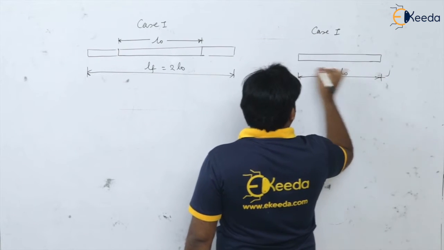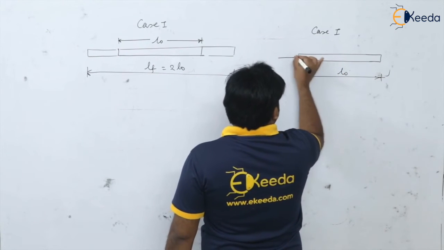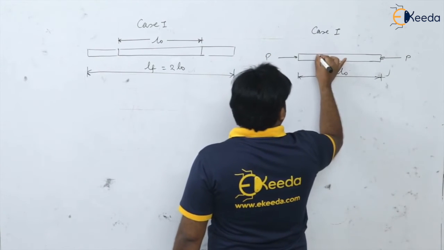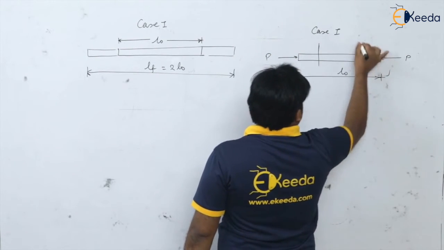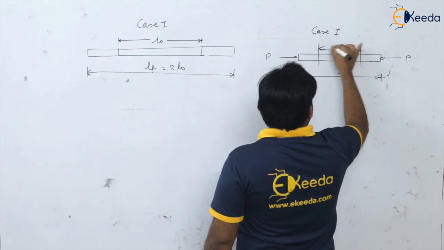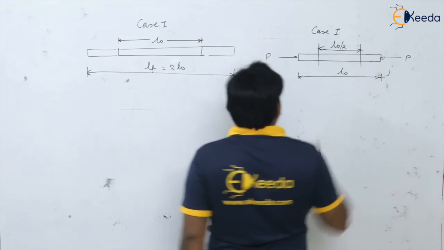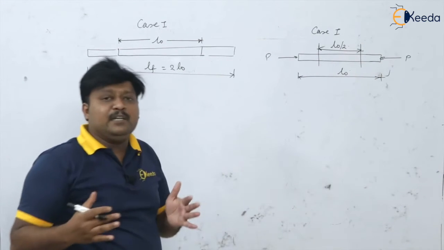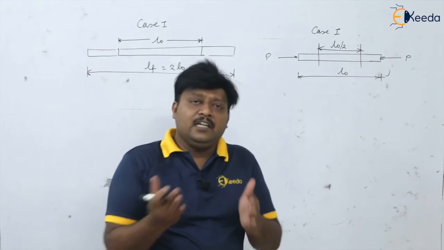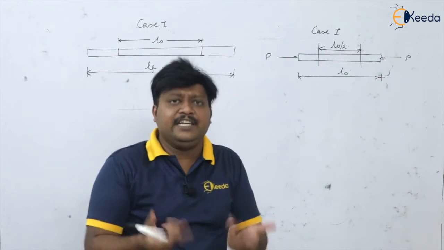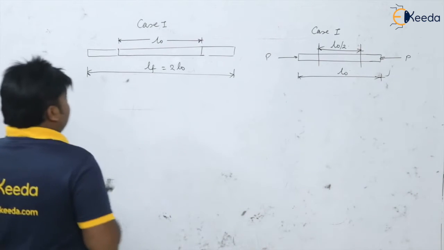So this is the L original, and after applying this compressive load it is going to be half of it, so it will be L original upon 2. And please keep it in mind that I am considering the strain as positive for tension and negative for compression. Let us see.